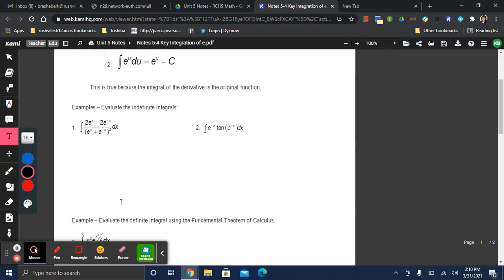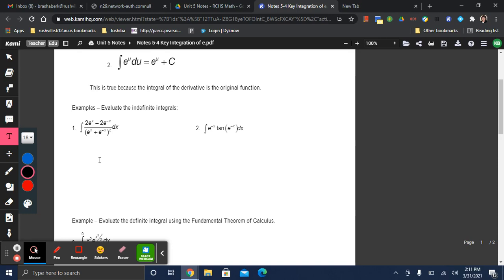So you'll find that with integration, some of the struggles that we've had before, we may continue to have in determining what would be a good u and then how to rewrite our integral.